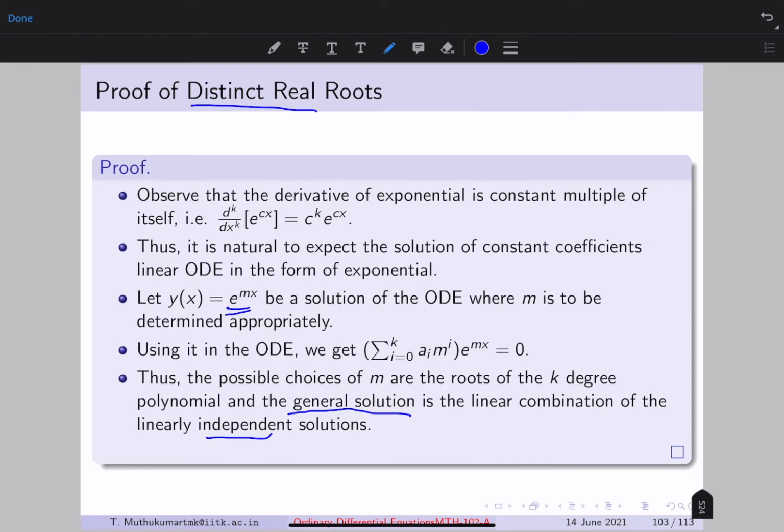You compute their Wronskian, and you will see that it is non-zero. So they are linearly independent functions, and hence their linear combination should be the solution of the kth order ODE, because the solution space is of dimension k. Okay, so that's the proof of the first part.